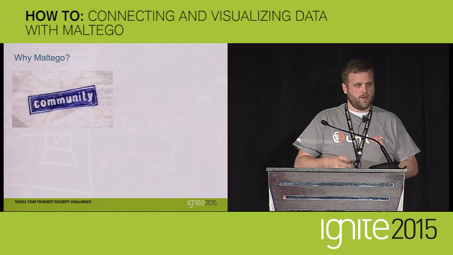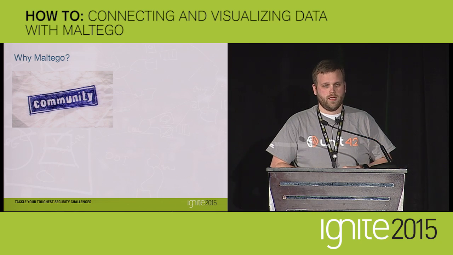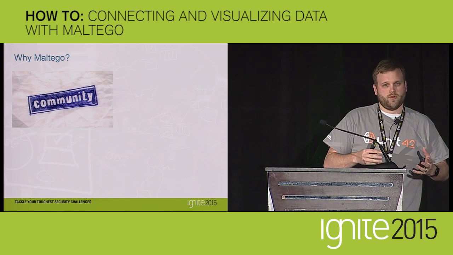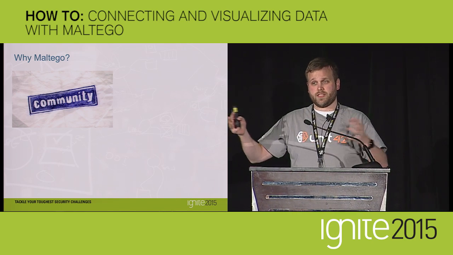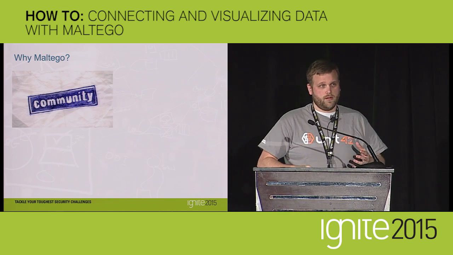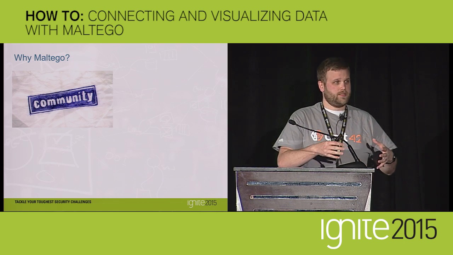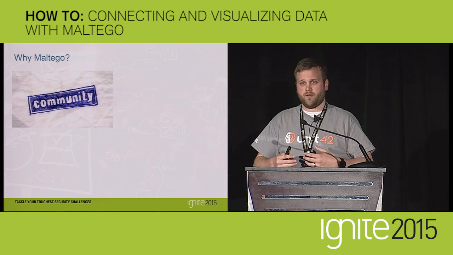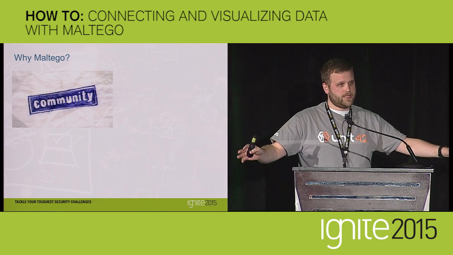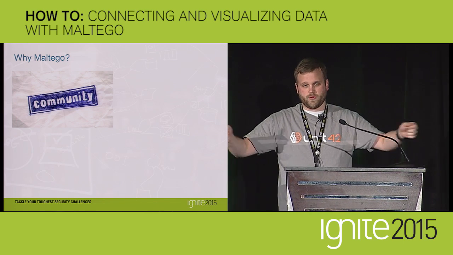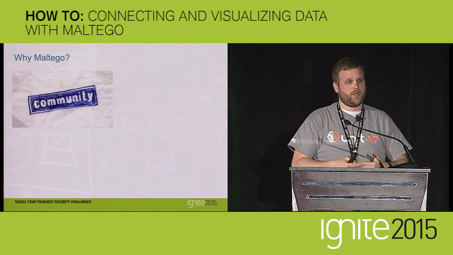One of them is the community around Maltego, and that is Maltego is not just a visualization tool. Maltego is a system for both visualizing data, but also connecting data sources together. Not all of our data is in a single database where we can just query all of it out in one place. If we have data over here and we have data over here, it's helpful to have a single tool which can talk to both of them, do a federated search and pull that information together.